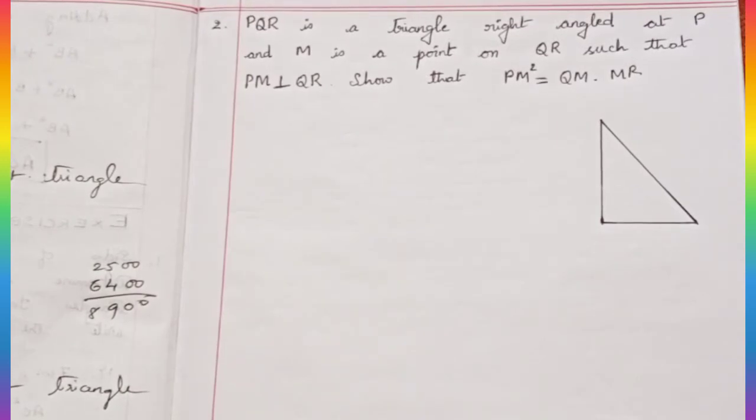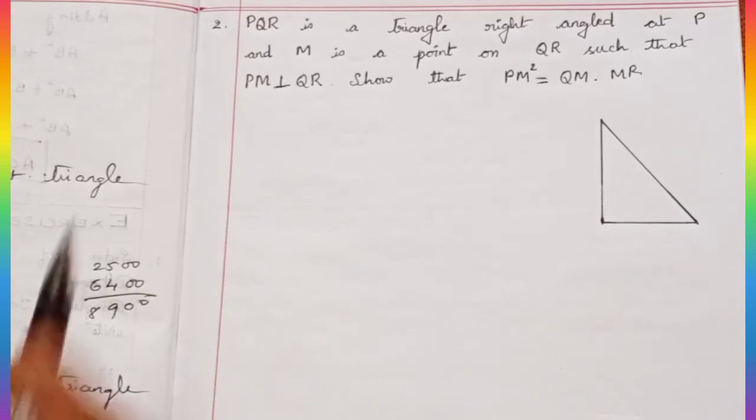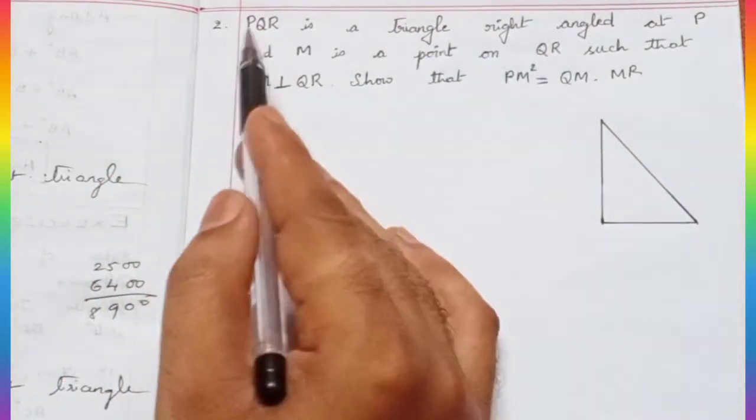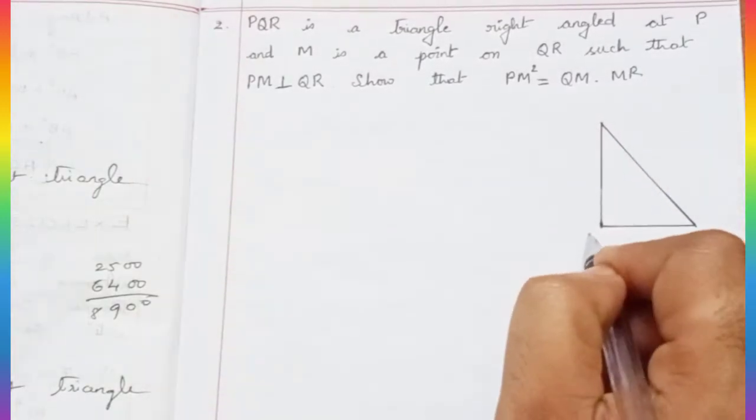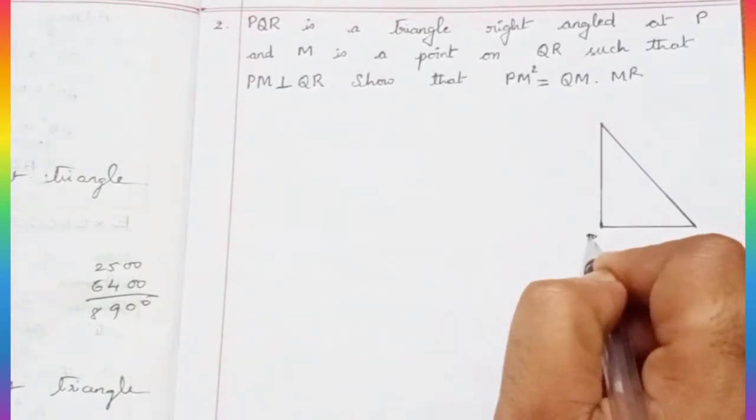So I'll repeat the question once again. PQR is a triangle right angled at P and M is a point on QR such that PM is perpendicular to QR. Show that PM square equals QM into MR. So they are saying that there is a triangle PQR which is right angled at P. So this is P, obviously.